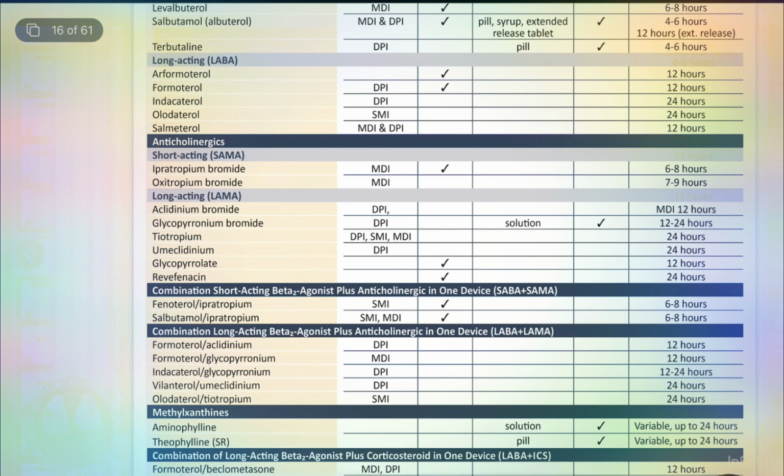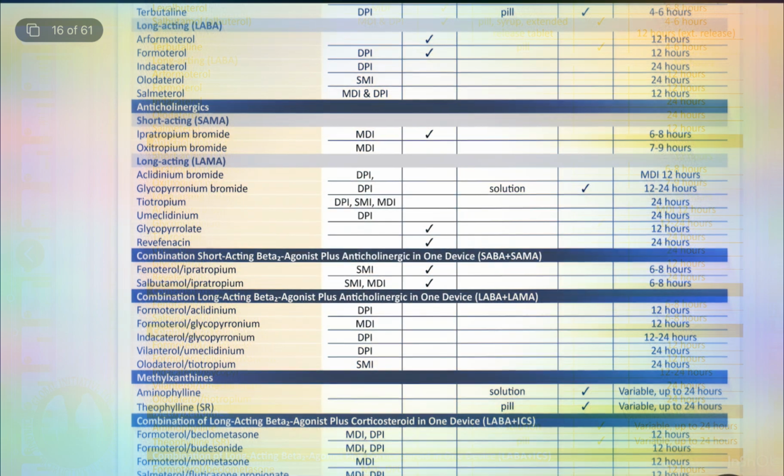Here they are telling that tiotropium is available in all three forms: DPI, SMI, and MDI. Then they are telling about the combination of short-acting beta agonist and anticholinergic in one device, SABA plus SAMA, like fenoterol ipratropium combination and salbutamol ipratropium combination.